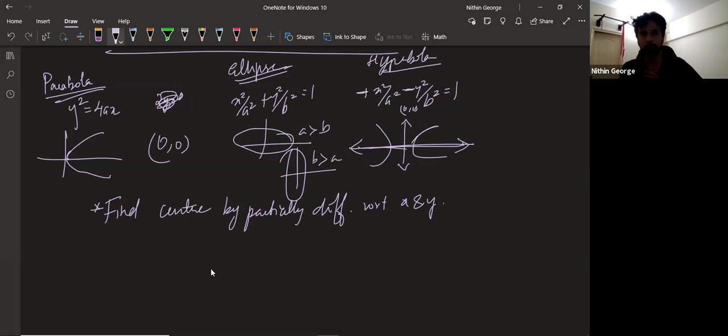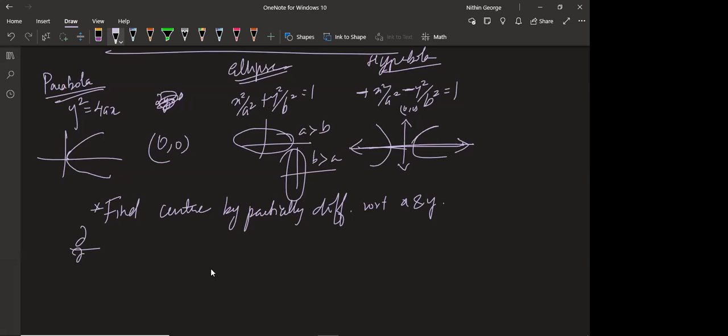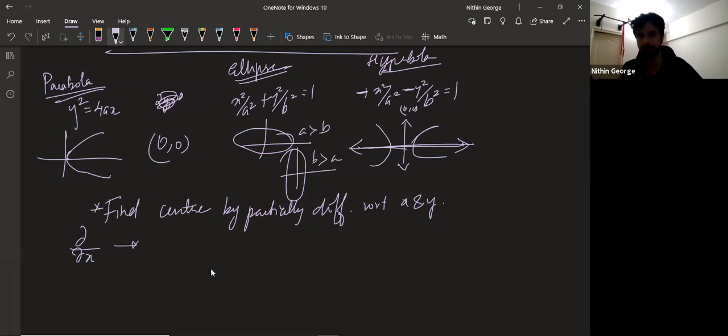Like you have y square equal to 4x. You partially differentiate with respect to x this equation, y square minus 4x. How do you partially differentiate with respect to x? When you partially differentiate with respect to x, you treat x as the only variable there. Everything else will be treated like a constant. So y square, when you do dou by dou x, will become 0. Minus 4x will become minus 4a because you are treating x like a variable. Everything else will be treated as a constant. So here, this will be equal to 0.